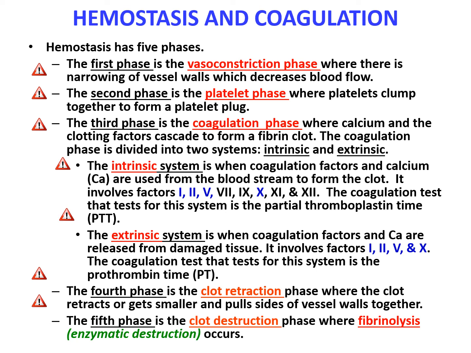So the fourth phase is the clot retraction. That's the phase where the clot retracts or gets smaller and pulls the sides of the blood vessels together, right? Because we want them to pull together and close up and heal, right? And the fifth phase is the clot destruction phase, where the fibrinolysis, which is enzymatic destruction, occurs, okay?